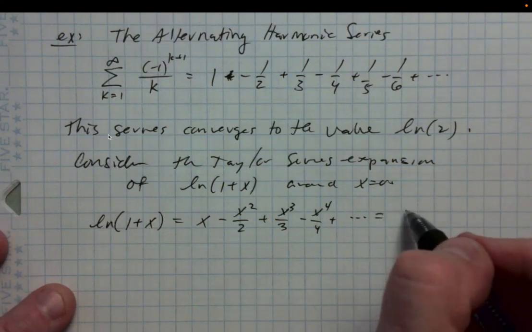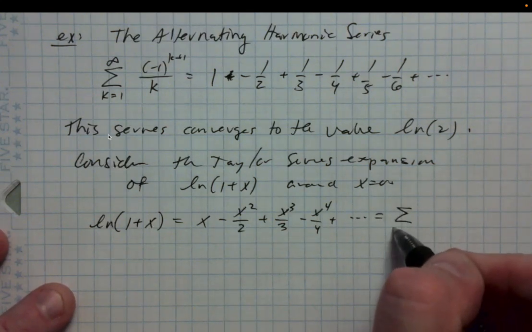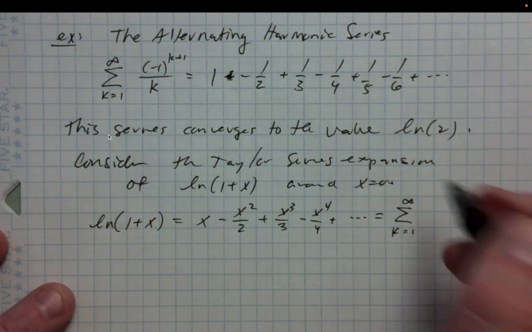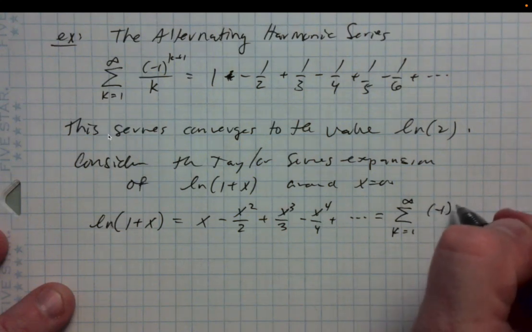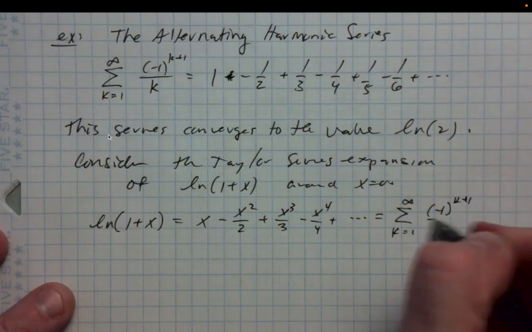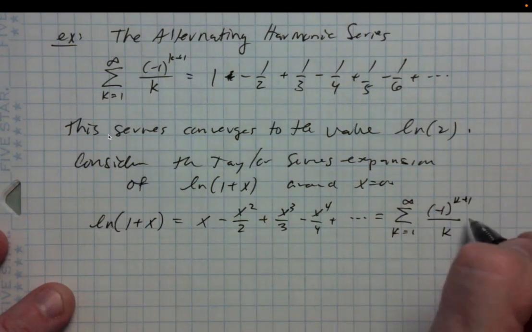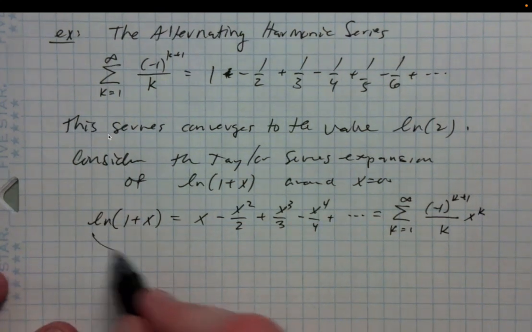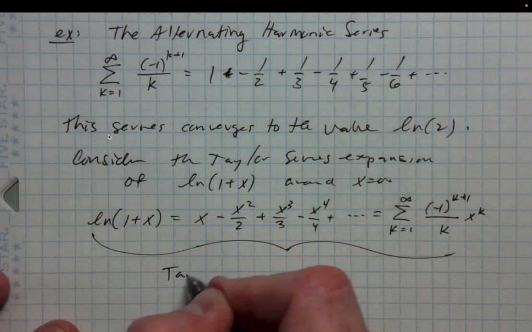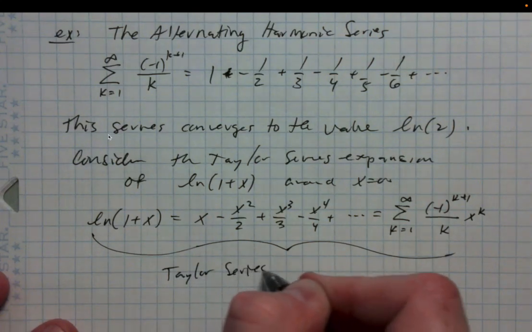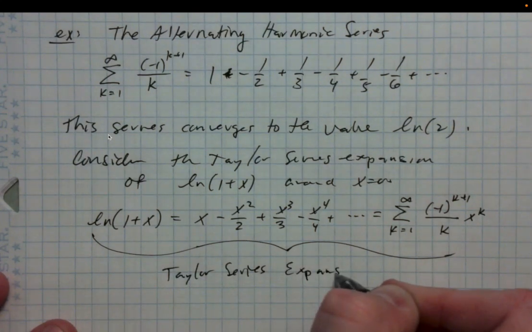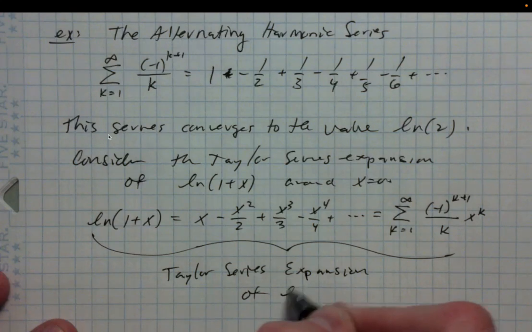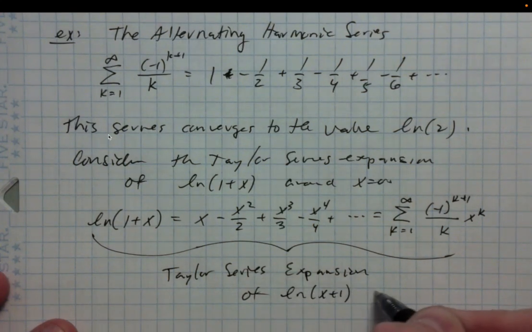And it's ultimately equal to the sum as k goes from 1 to infinity of -1 to the k plus 1 over k times x to the k. All right, so this is the Taylor series expansion of ln of x plus 1 around x equals 0.